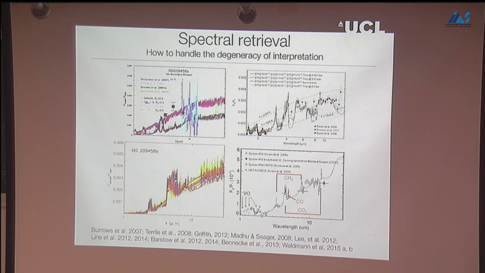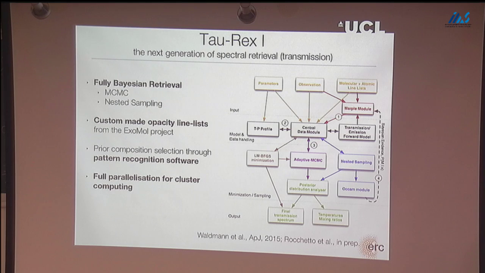And again, I think for the field this is really very good, because it reduces potentially the differences and the debates. I'm describing to you a bit the retrieval that we have at UCL, but again, as I said, there are other retrievals around with some differences or some similarities. Certainly, most of the retrievals today are fully Bayesian retrievals, and so they clearly can probe the parameter space of the solution.